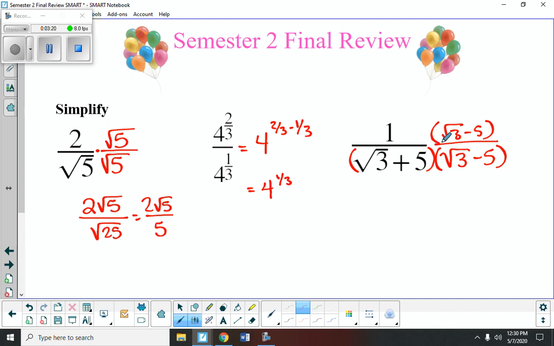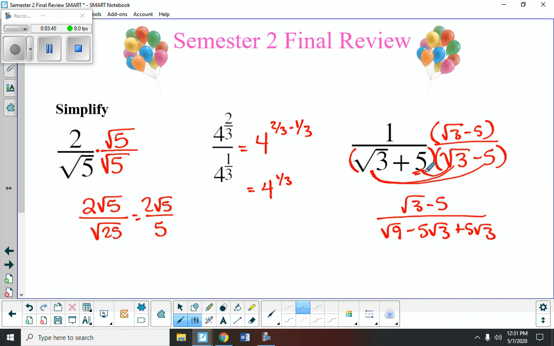Okay, so in the numerator, you have 1 times the square root of 3 minus 5. In the denominator, we need to FOIL. We have a binomial times a binomial. So the square root of 3 times the square root of 3 is the square root of 9. The square root of 3 times negative 5 is negative 5 root 3. And that would be a positive 5 root 3.